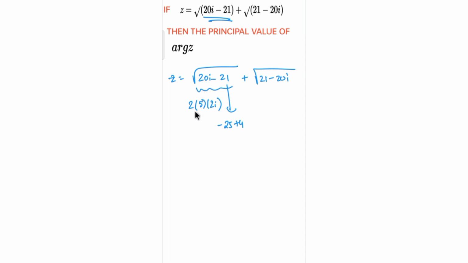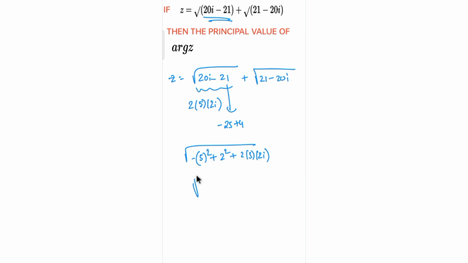So 20i I have written as 2 into 5 into 2i, and 21 as minus 25 plus 4. So I can write this as minus 5 whole square plus 2 square, and here this is minus outside of the bracket, so minus 5 square plus 2 square plus 2 into 5 into 2i.